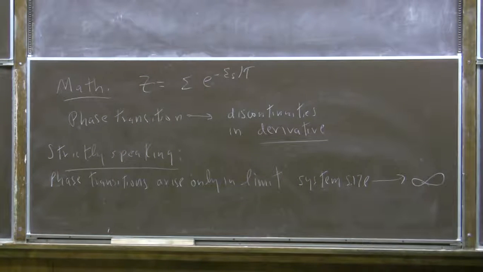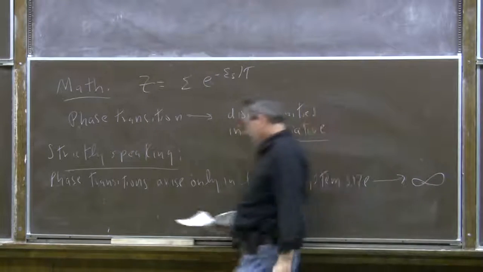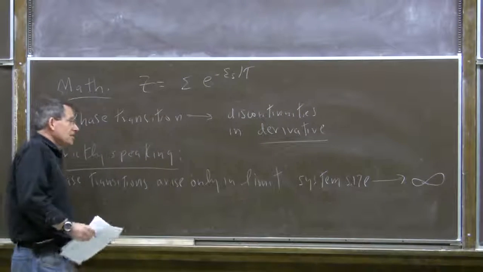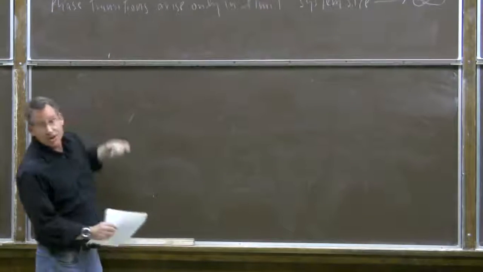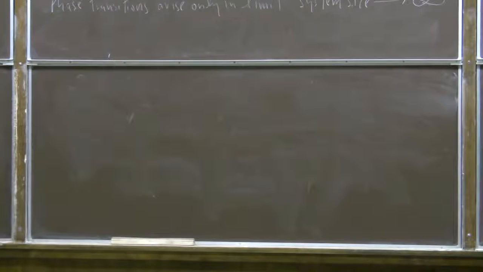And since no laboratory physicist studies an infinite system, we only study finite systems. Technically, we never really see phase transitions. In practice, this distinction isn't very important because the systems that we do study typically have a large number of particles, of order Avogadro's number in many cases.